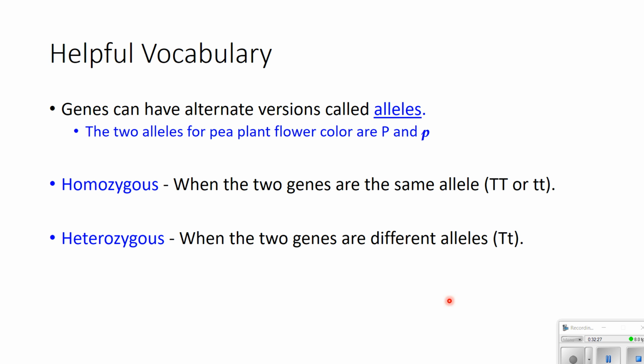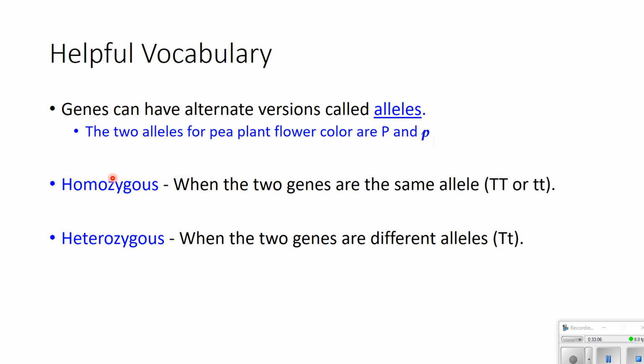Okay, genes can have alternate versions of themselves, and we call these alternate versions of a gene alleles. So for example, the gene for flower color in pea plants has 2 alternate alleles, the purple allele and the white allele, or as we often say, big P or little p. Those are the 2 alleles for flower color in pea plants.